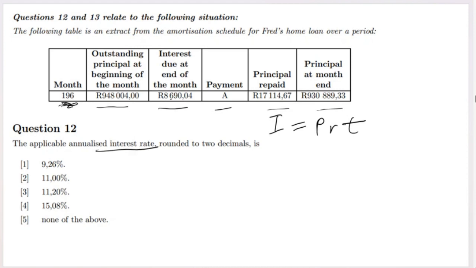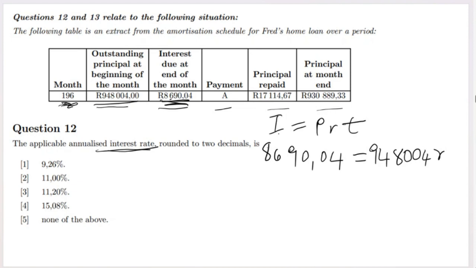We are only given an interest, but we don't know the interest rate. So now we know what is an interest according to our formula. This is going to be 8690,04. This is our principal, which is 948,004. And then what is our R? That's what we are looking for.